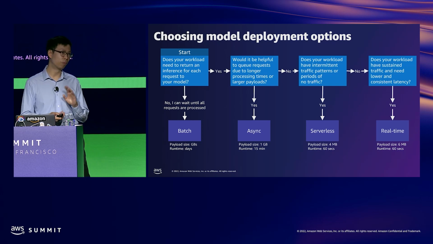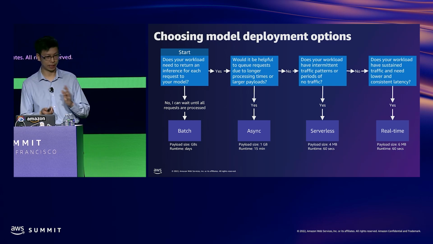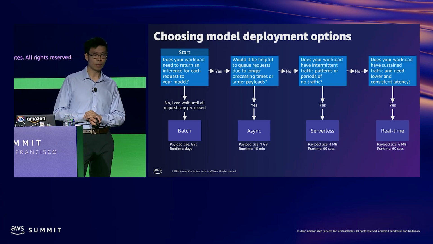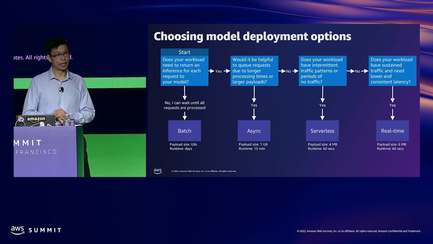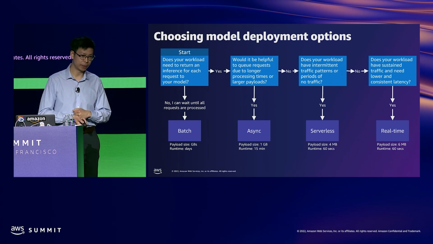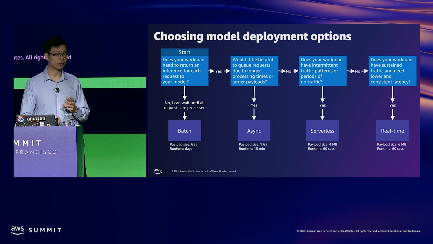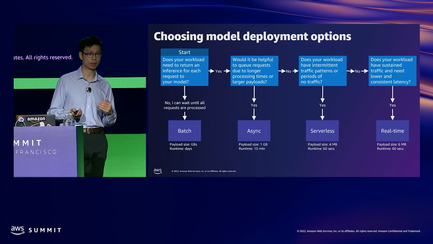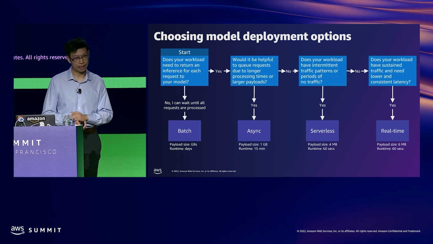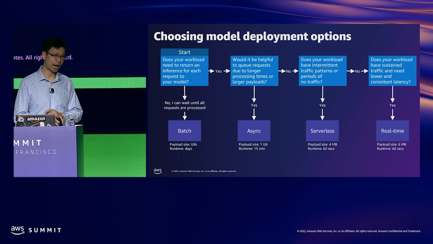But if you need something real time instead of asynchronous or synchronous, then we need to move on to our serverless or real-time options. Now, does your workload have intermittent traffic patterns or periods of no traffic? If it does, then serverless is a good place to start because it'll scale up and down to meet those needs, and you don't pay for idle.